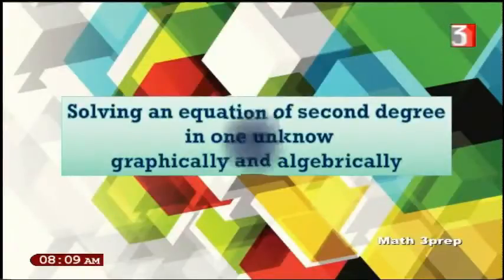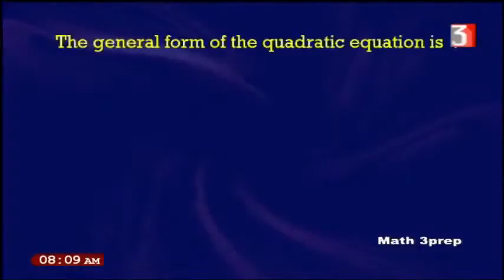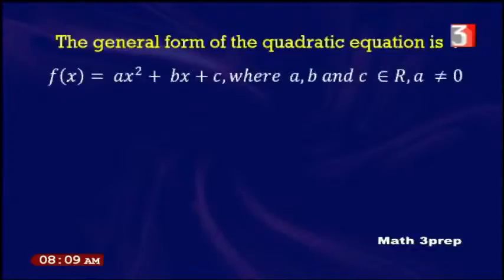At the very beginning, what about the general form of the quadratic equation? It is f of x equals ax to the power of 2 plus bx plus c, where a, b, and c belong to the set of real numbers and a cannot be equal to 0.